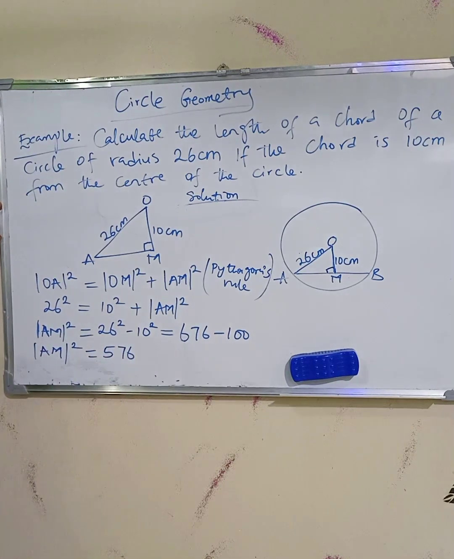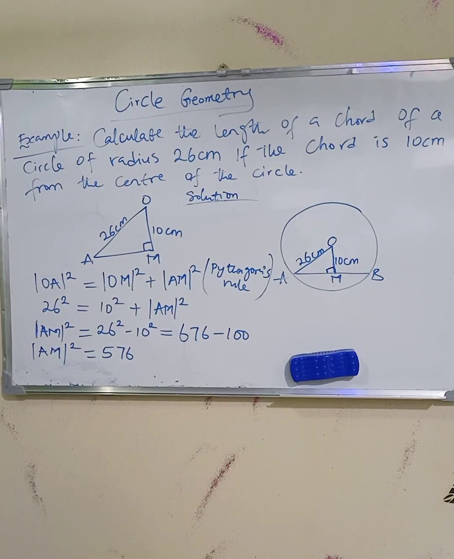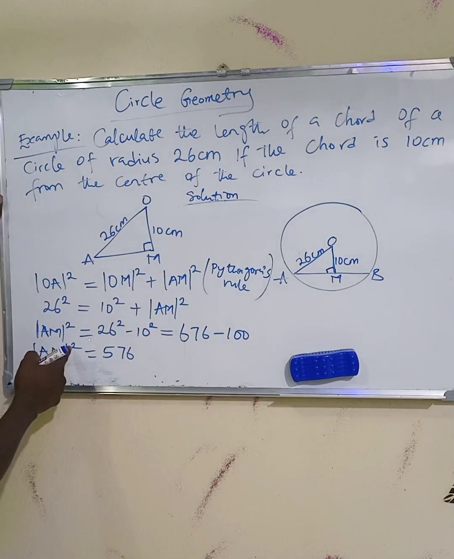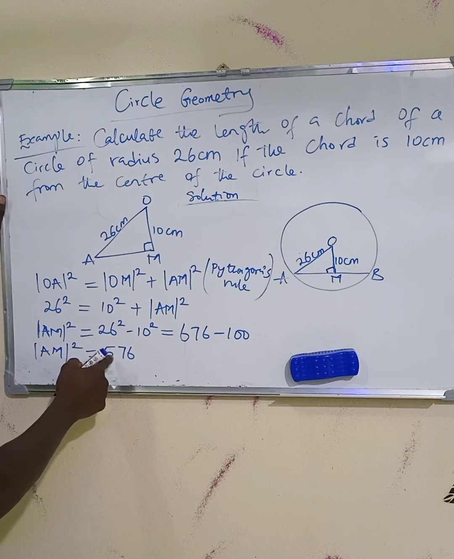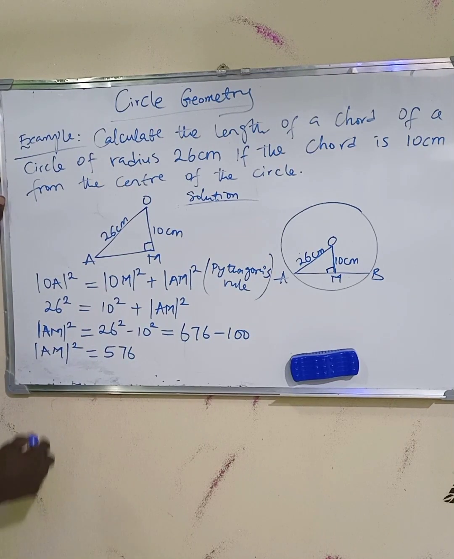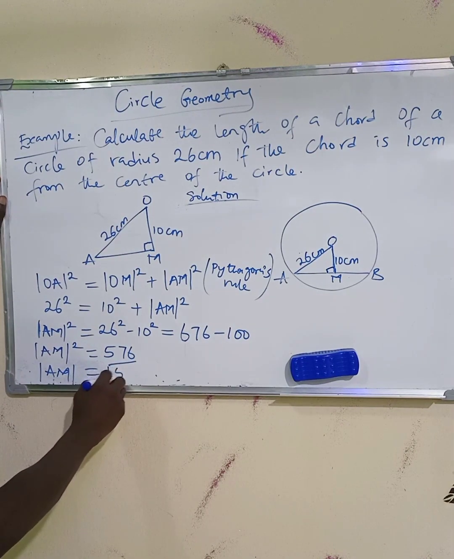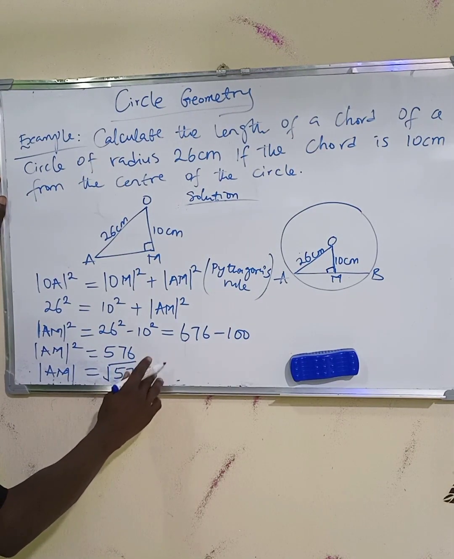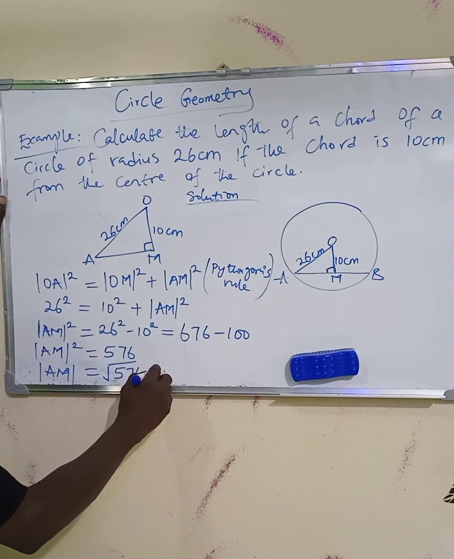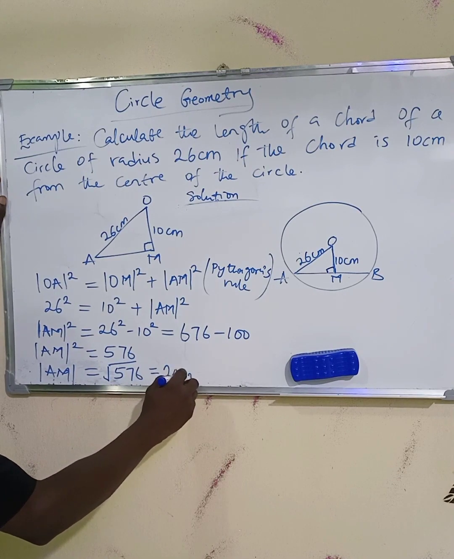Now, don't forget that to remove the square in AM, we have to take the square root of both sides. So it means that AM, without the square, just length AM, will be equal to the square root of 576, which is equal to 24 cm.